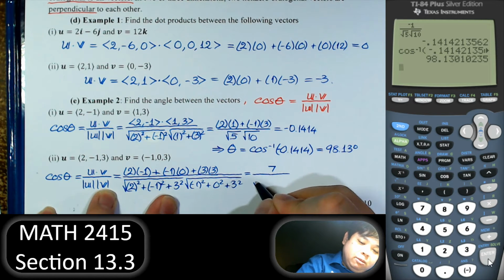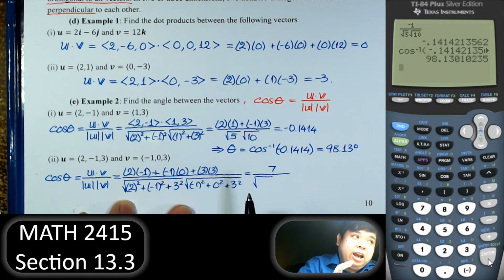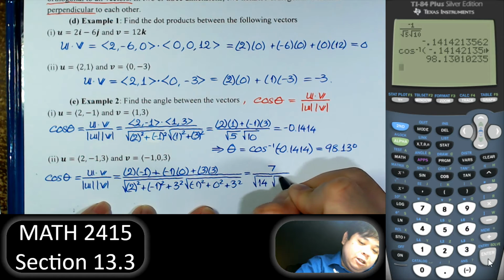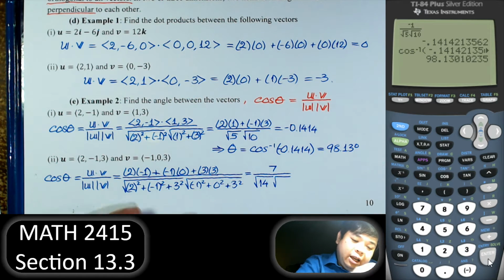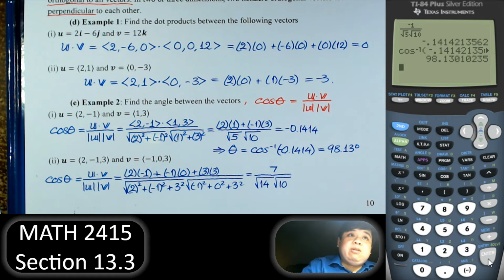The bottom: 2 squared is 4, 9, and 1, that's 14. And 1 and 9, so that's 10. So we just have that.